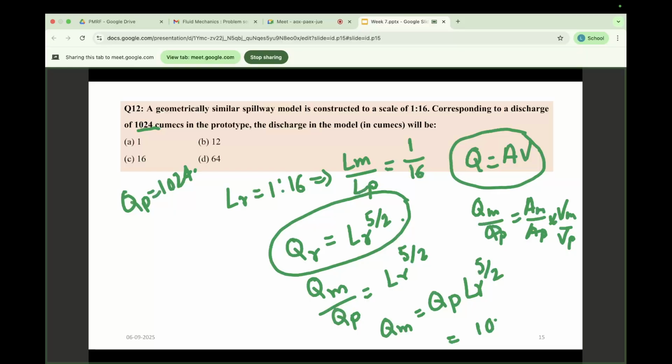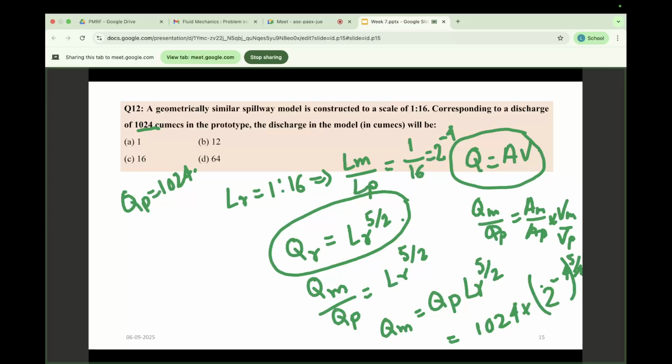So QP is 1024 into LR. LR basically is 1 by 16, which I can write as 2 to the power minus 4. So in LR I can write 2 to the power minus 4 into 5 by 2.